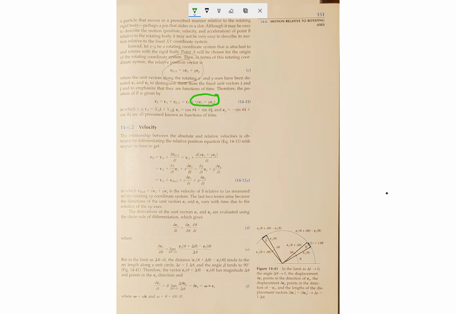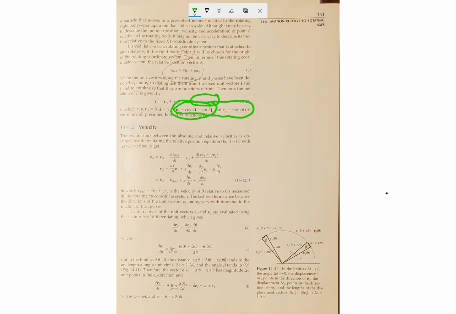And then they highlight, and we'll see this in the problems, that you can get these values by using the cosine theta, sine theta, and negative sine theta and cosine theta values. So the axis position relative to the I hat j hat, this is the conversion.